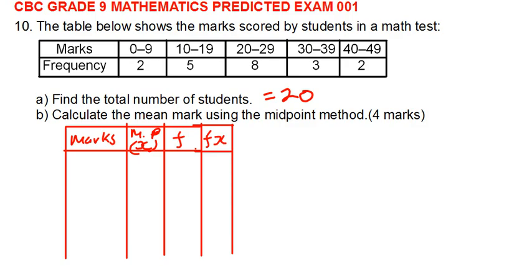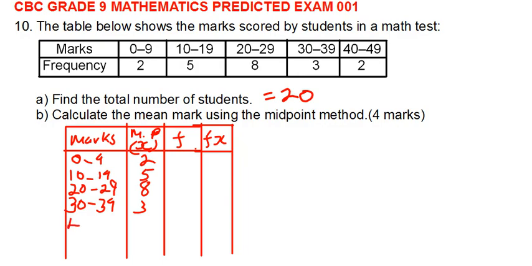We have seen the first class is 0 to 9, and the frequency is 2. Then 10 to 19, the frequency is 5. 20 to 29, the frequency is 8. 30 to 39, the frequency is 3.